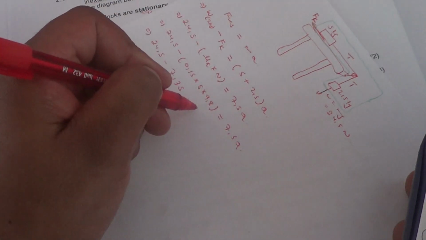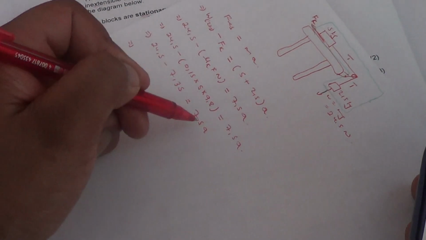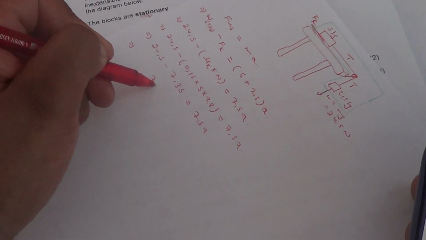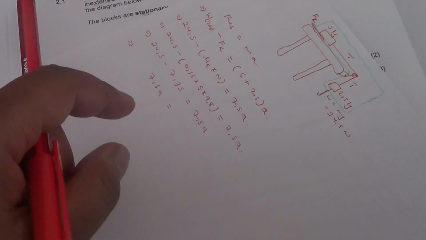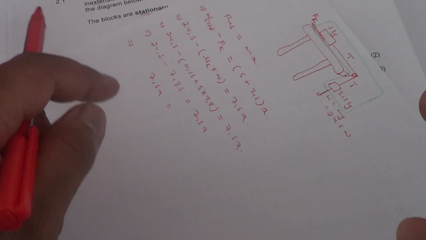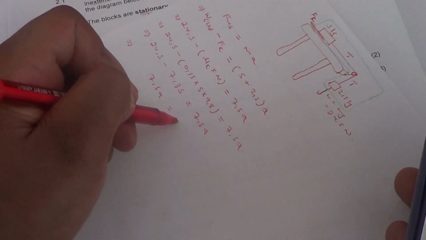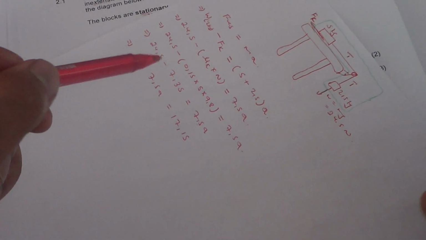Equals 7.5 A. Alright, this implies 7.5 A equals, then of course we take that from 24.5. And then what we have here is 17.15. Alright, great stuff.